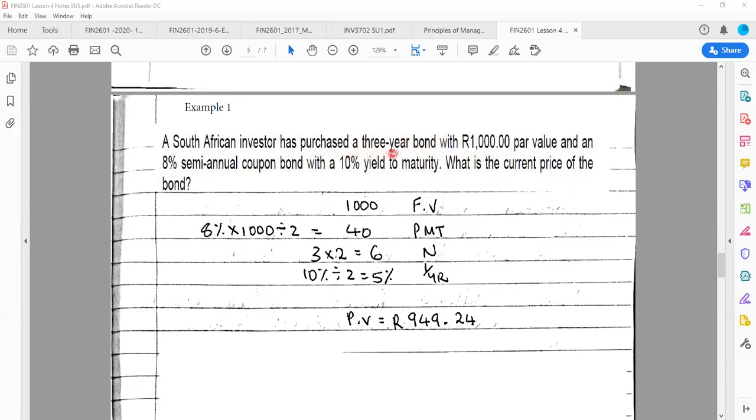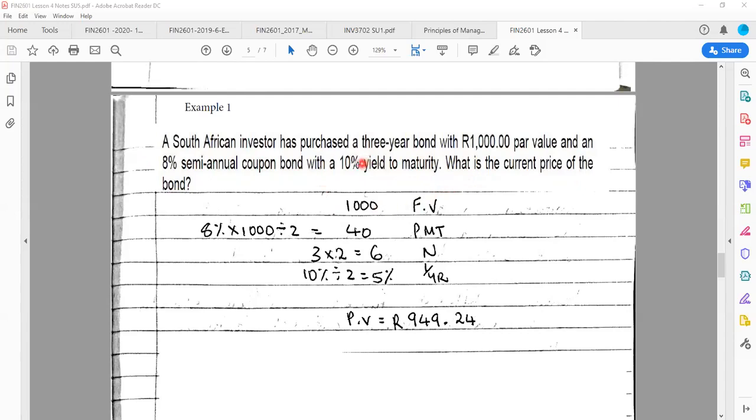So the 1,000 par value is the amount that the investor agrees to be paid back per contract, per bond. So a South African investor has purchased a 3-year bond with a 1,000 rand par value and an 8% semi-annual coupon. So this is the coupon rate. It tells us how much interest the borrower will be paying, with a yield to maturity of 10%. So this is the current interest rate in the market. This is the market interest rate. And then they want us to determine the current price of the bond.